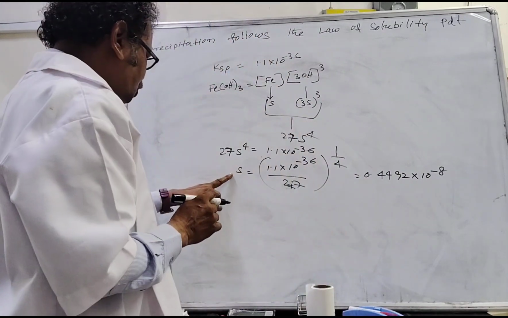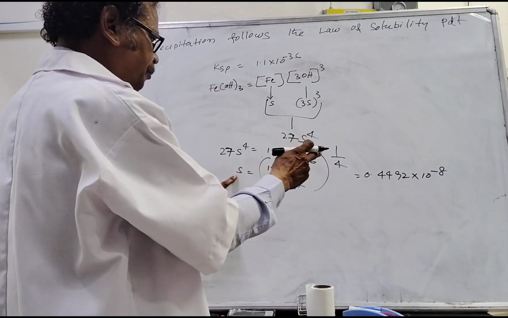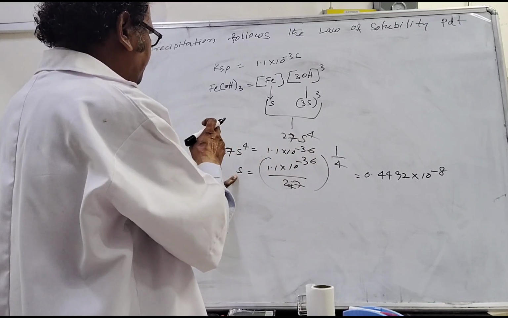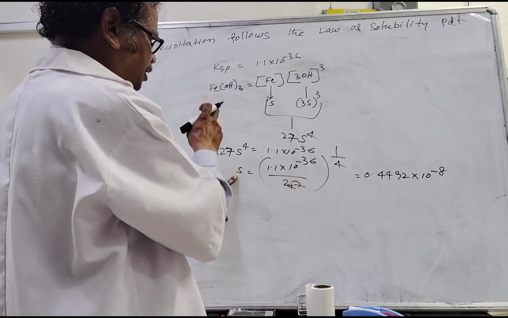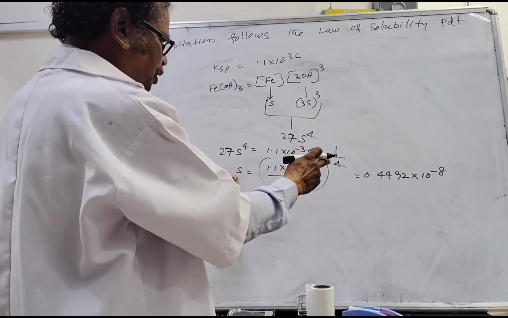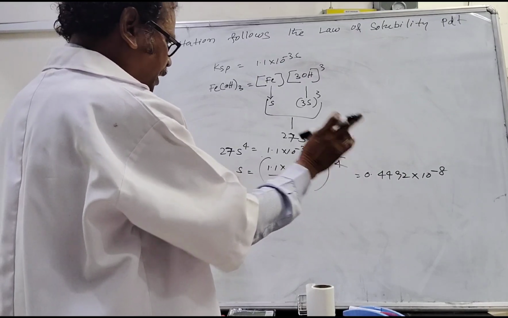It is the solubility of the ferric hydroxide, 0.4492 into 10 to the power minus 8.